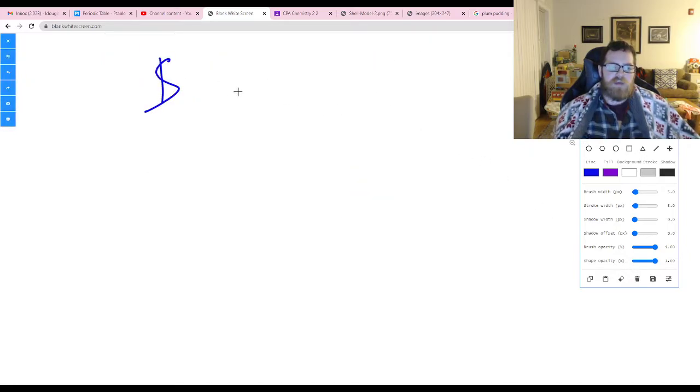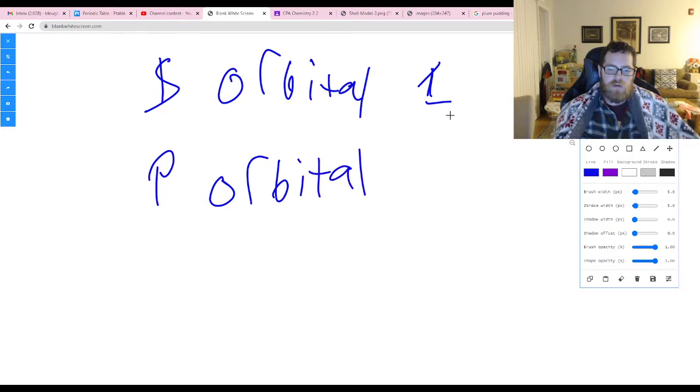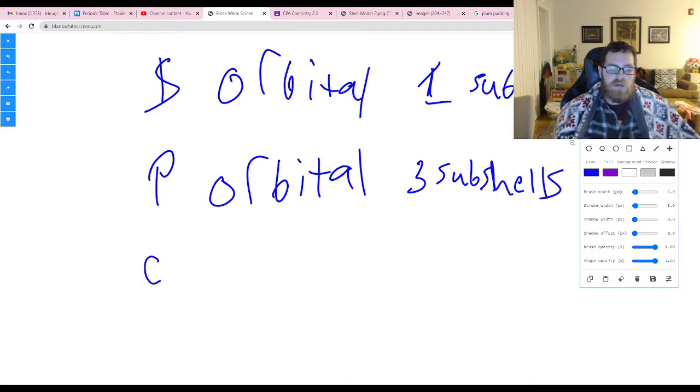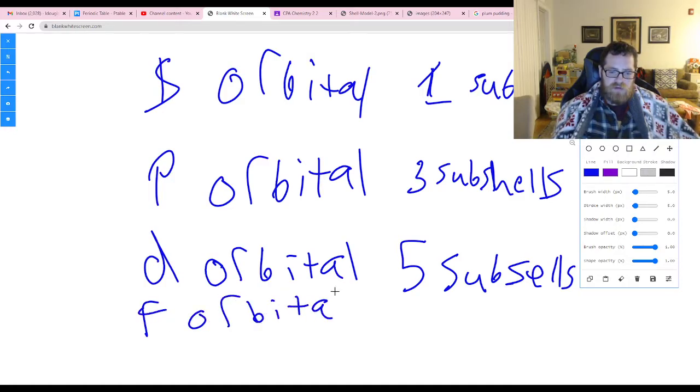So the S orbital has 1 subshell. The P orbital has 3 subshells. The D orbital has 5 subshells, and the F orbital has 7.